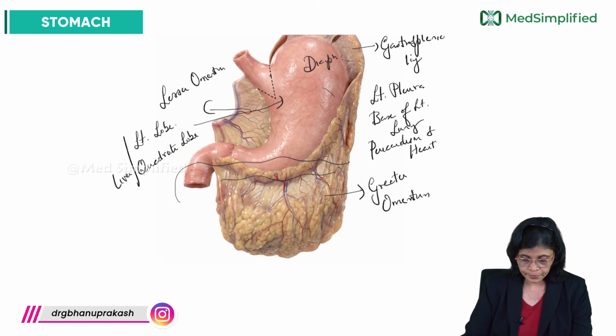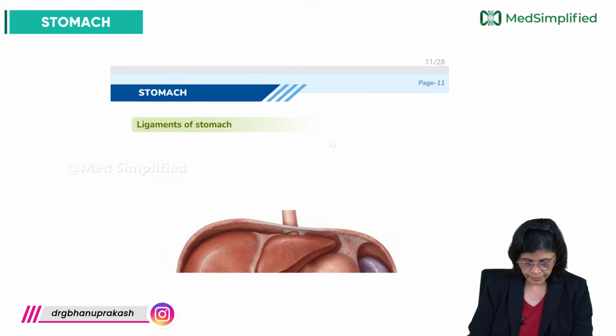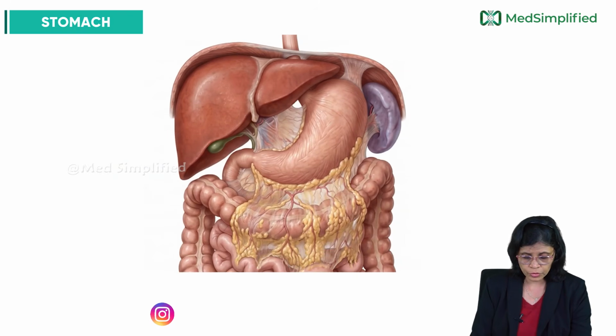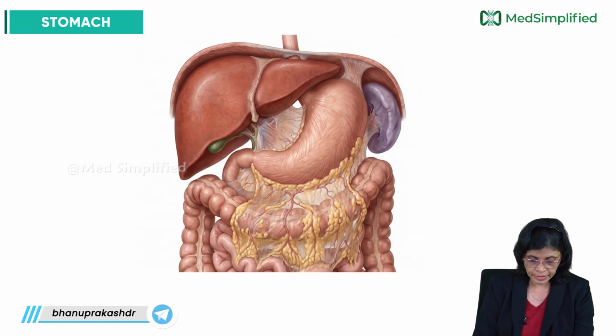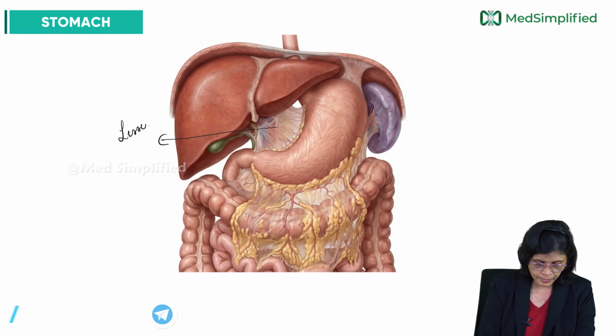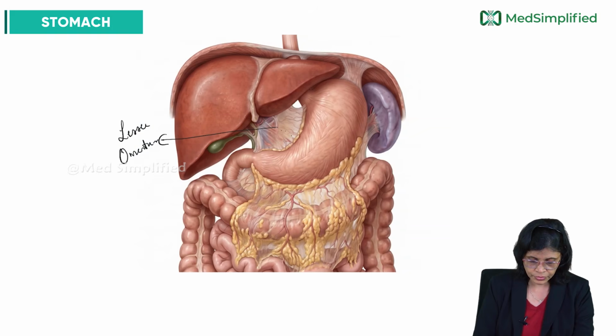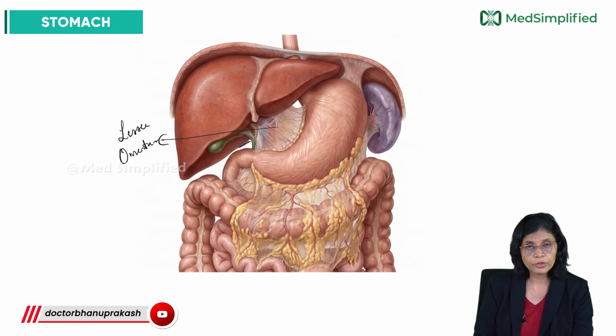Now the posterior-inferior part. Here we also see the ligaments along the curvatures, which I mentioned earlier. This is the lesser curvature, and along the lesser curvature we have the lesser omentum. At the right margin is where the epiploic foramen will be.